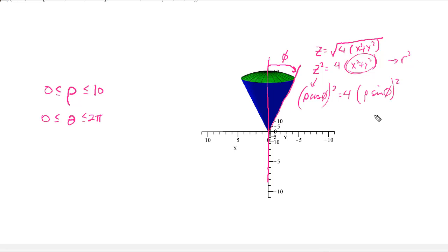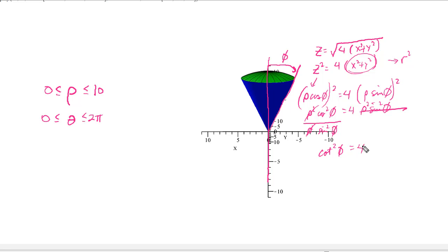And so from here we need to solve for phi. So we've got rho squared cosine squared phi, and we've got 4 times rho squared sine squared phi. So we'll divide both sides by rho squared sine squared phi, and the rho squareds will cancel. Cosine squared phi over sine squared phi, according to our trig identities, is cotangent squared phi.